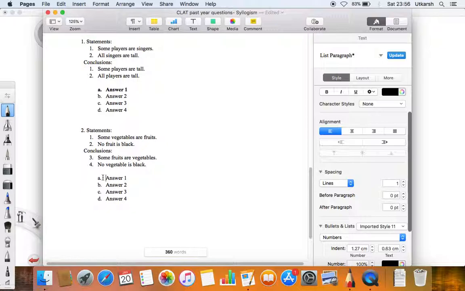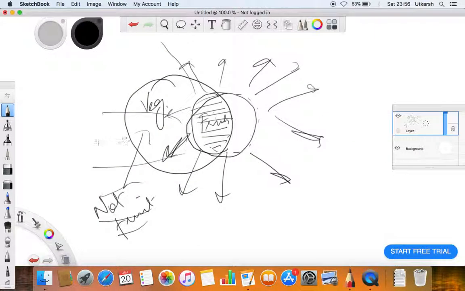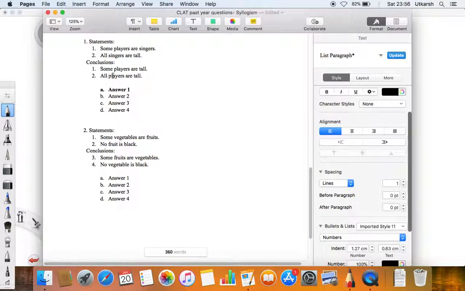We know some fruits are vegetables. Okay, see, now again a poorly framed question. Technically, if I say all cows are white, then I can say some cows are white. Both are correct. But there's a major difference between saying all cows are white and some cows are white.